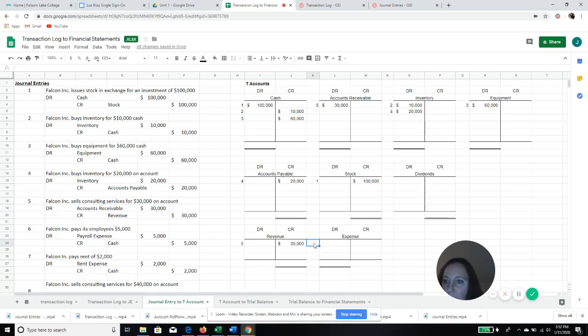All right, so transaction 6, I have expense of $5,000, and I paid cash, so I'm going to put $5,000 on the credit side of cash. Transaction 7, we paid rent expense, so I'm going to put the $2,000 under expense, debiting expense, and I'm going to put $2,000 on the credit side of cash.